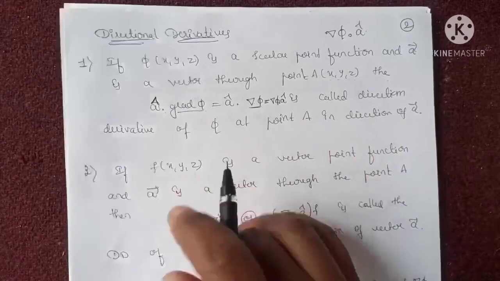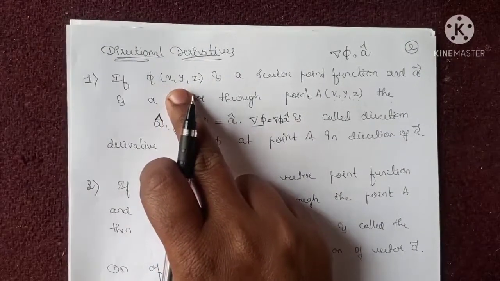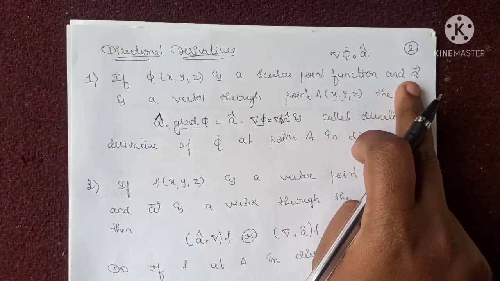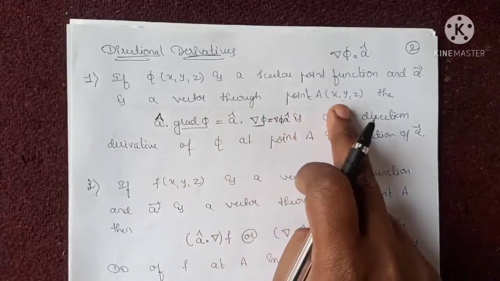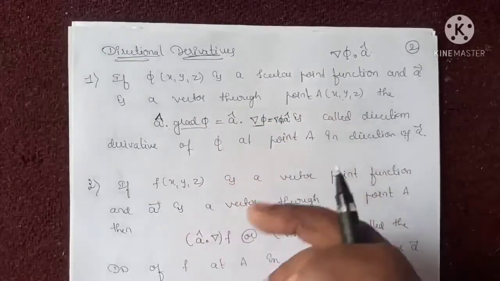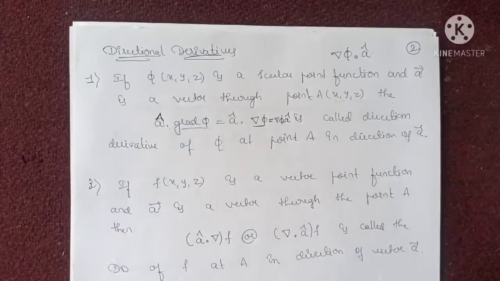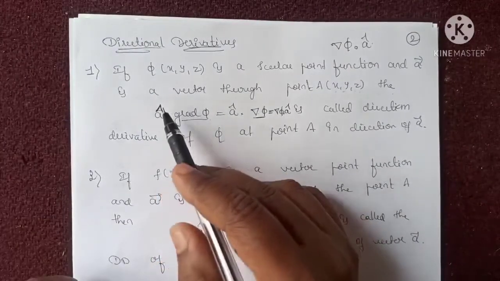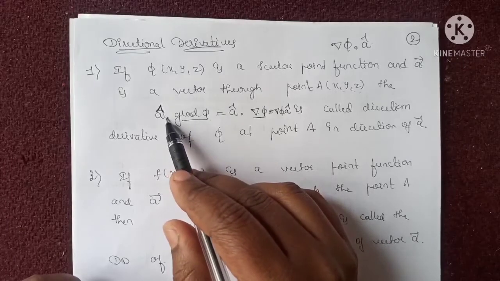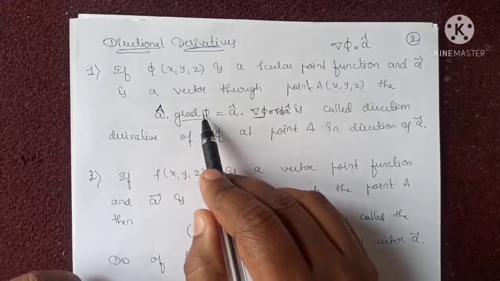So the directional derivative is given by a cap, the unit vector, dot gradient phi.